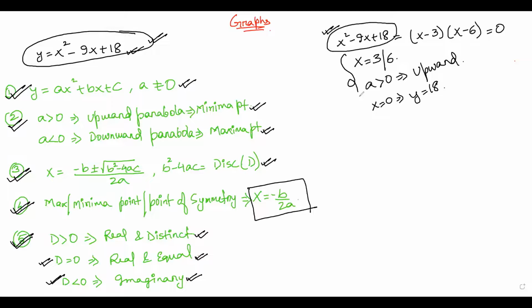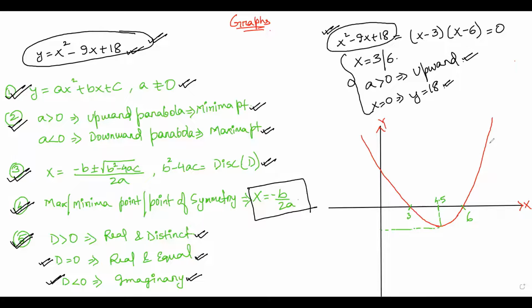Now, if we consider all these points, that is at x equal to 3 and x equal to 6, the curve attains a value of 0. At x equal to 0, the curve attains a value of 18 and the curve is an upward parabola. In that case, we'd be getting a curve which would be something like this.